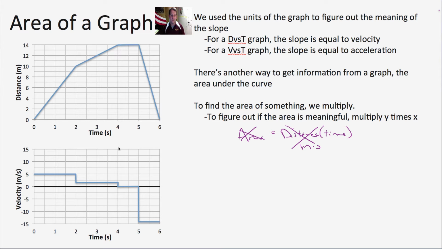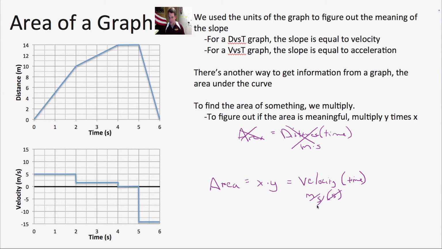Let's do that same analysis on the velocity time graph, see if it's meaningful. So again, area is going to equal x times y, which is equal to velocity times time. And if you multiply velocity times time, the units would be meters per second times seconds.